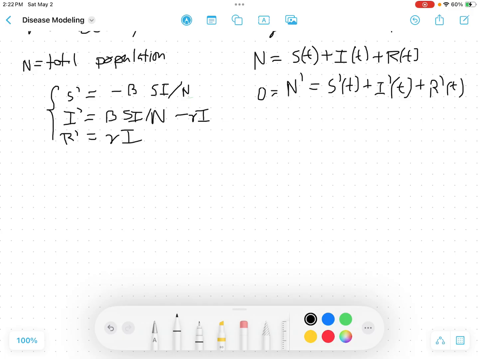So you can actually see that over here. So for example, R prime of t should be equal to negative S prime of t minus I prime.